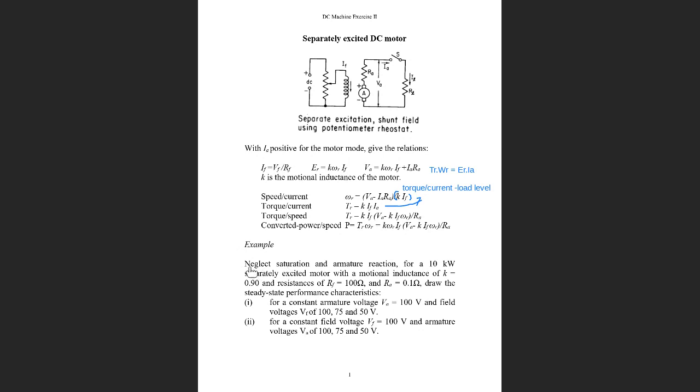Neglect the saturation and armature reaction for a 10 kilowatt separately excited motor with a motional inductance of K equal to 0.9, and the resistance of the field circuit 100 ohms and armature circuit 0.1 ohms.